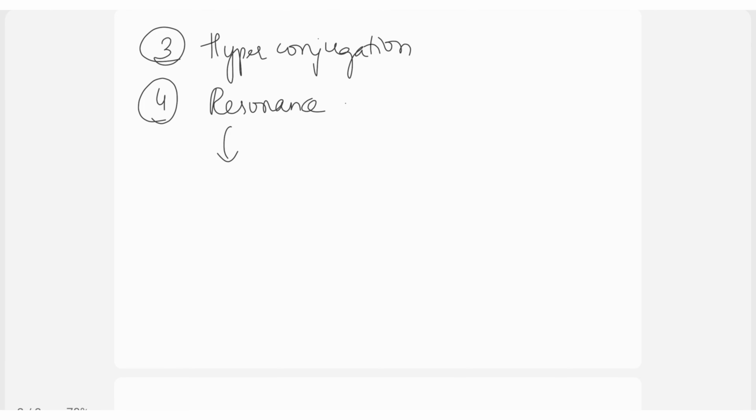If you look at a resonance example, adjacent to the carbocation, if there is a pi bond, then this will result in the compensation of the positive charge of the carbocation and it becomes more stable compared to a carbocation with no pi electrons in the adjacent carbon. So this way resonance and hyperconjugation help the carbocation stability. So this is the complete information about carbocations.